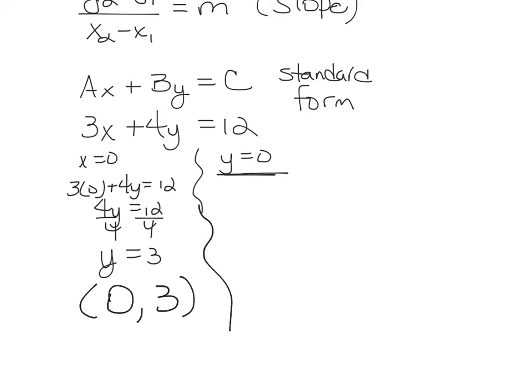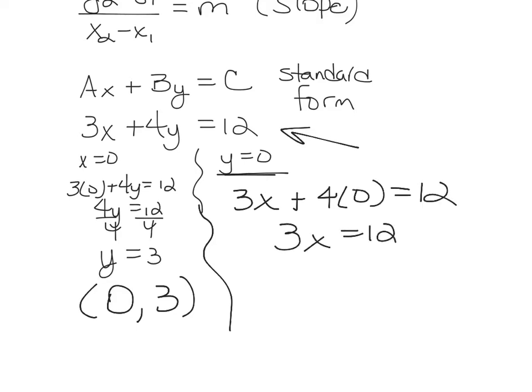This is just a review, nothing new. So 3x, same equation here, put 0 for the y, and now I'm left with 3x equals 12. Divide by 3. My x-intercept is 4. The ordered pair is 4, 0.